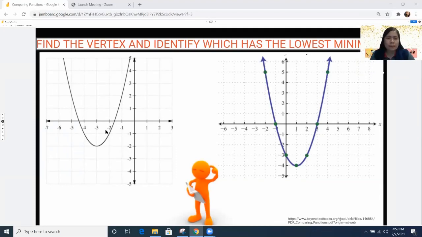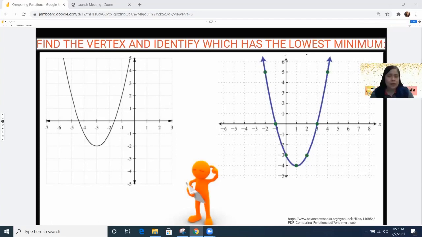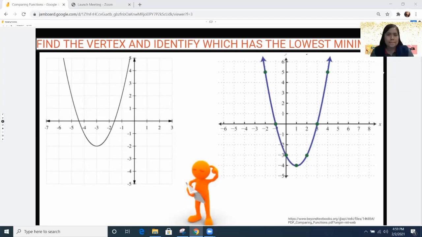Both of them are positive in terms of the numerical coefficient of the quadratic term since they are both smiley face. Now the question is, find the vertex and identify which has the lowest minimum. So we need to find first the vertex before we can identify the lowest minimum of the two graphs.